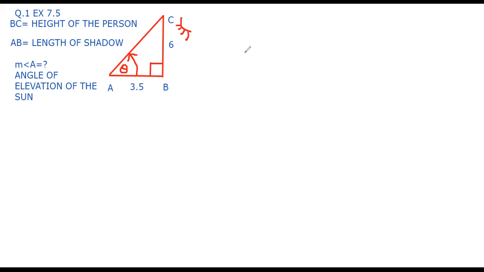What we have to do is simply see which right angle triangle is formed. So we will write right angle triangle ABC, and in this right angle triangle, because we need to find angle theta, you can see that BC is the perpendicular and AB is the base. So we will use a trigonometric ratio. Which trigonometric ratio?